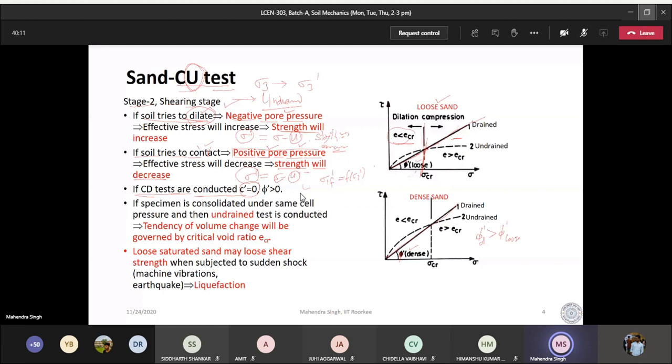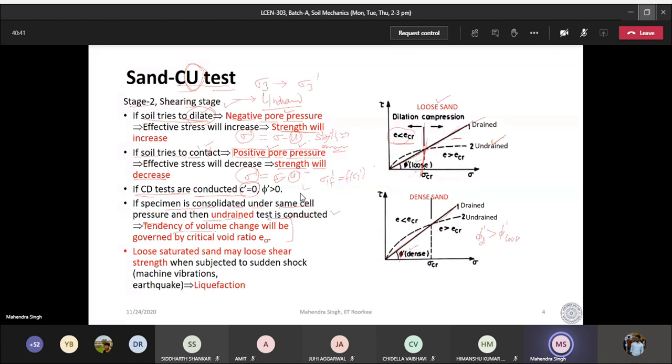That is one thing. Now we come back from drained to undrained tests. If the specimen is consolidated under the same cell pressure and then an undrained test is conducted, what is the change here?